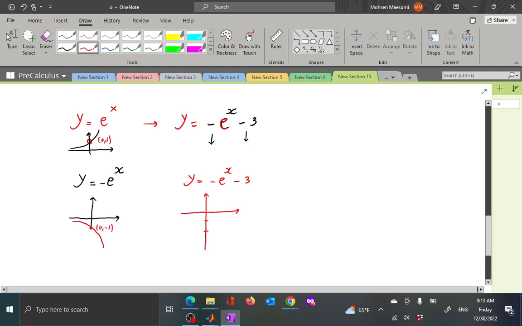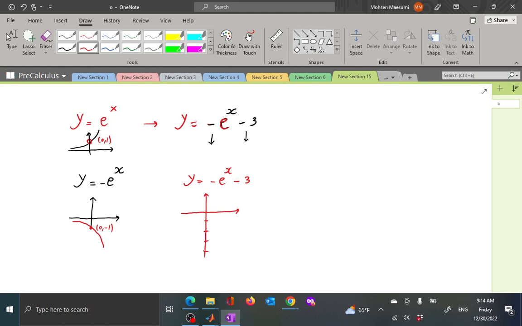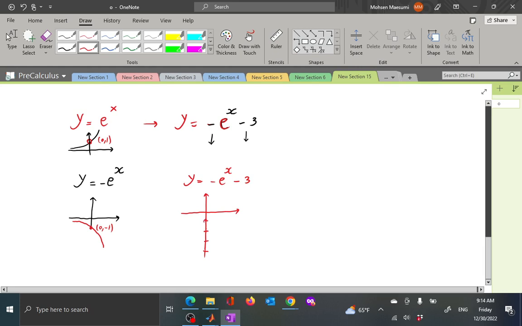Other points are going to be kind of hard because you're using this number e and it's not a whole number. But here, if you were at minus 1, and you want to lower it by 3 units, you drag it down to minus 4, then your graph is going to come here. Now all aspects of the graph are going to move with it.